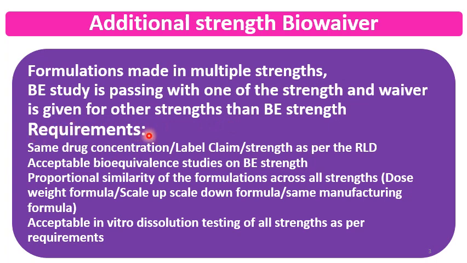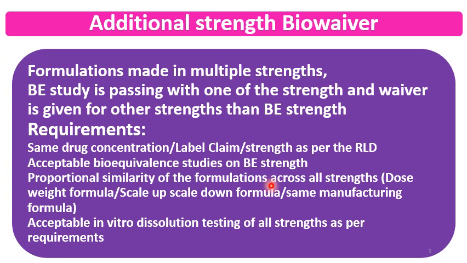The requirements are very important here. Same drug concentration, label claim, and strength as per the RLD. Acceptable bioequivalence studies on BE strengths. The BE strength may be 1 or 2 or more, but generally it is 1 strength and it is a higher strength.